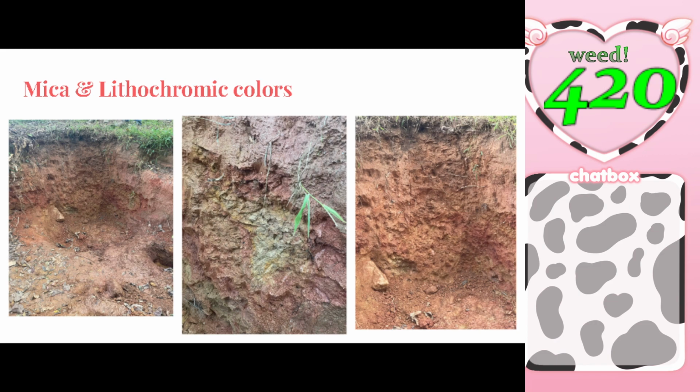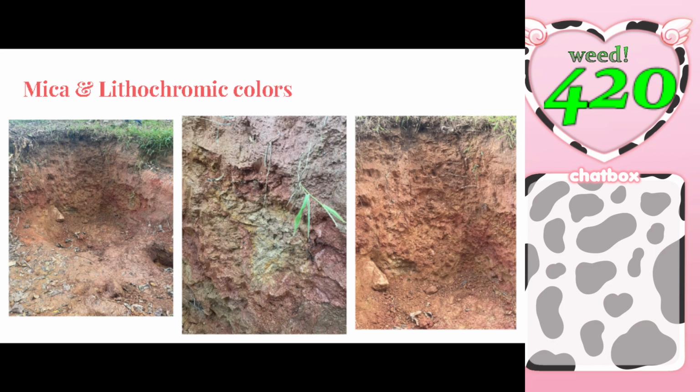This is mica and lithochromic colors. Lithochromic color stands for color from rocks. You can see here the gray stuff in the middle photo. Typically when you see gray soil, it's caused by depletions from water, where the water leaches the soil out. But this one was caused by the rock itself. It weathered in place, and it weathered into those colors. Essentially that's the imprint of the rock.